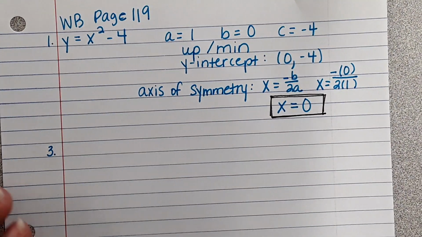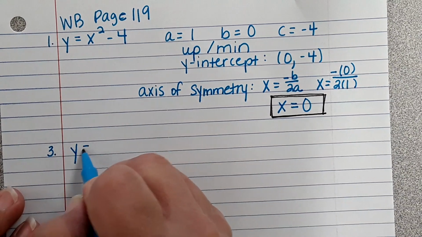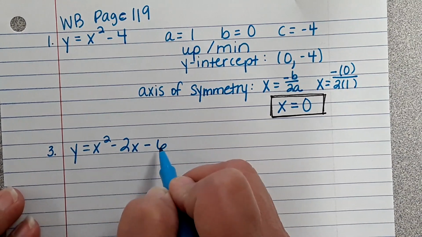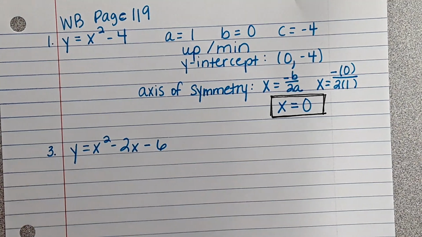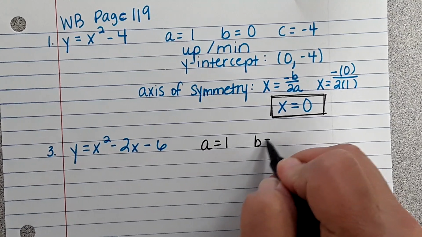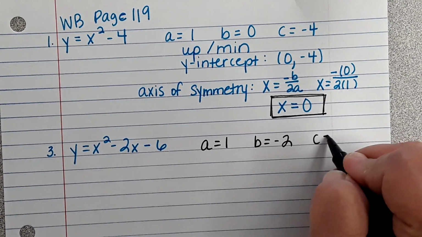Number 3 is y equals x squared minus 2x minus 6. In order to do this, what is A? What is B? What is C?